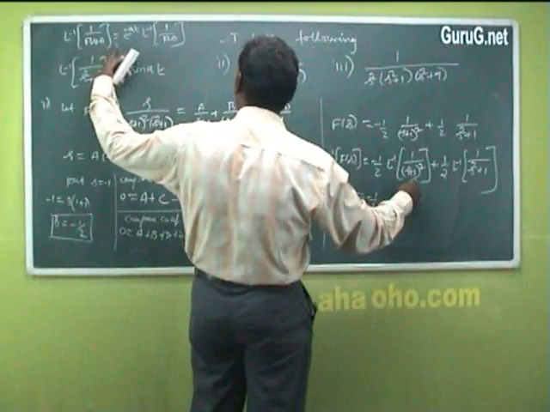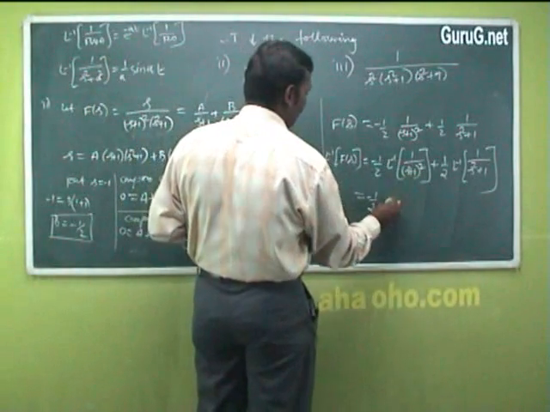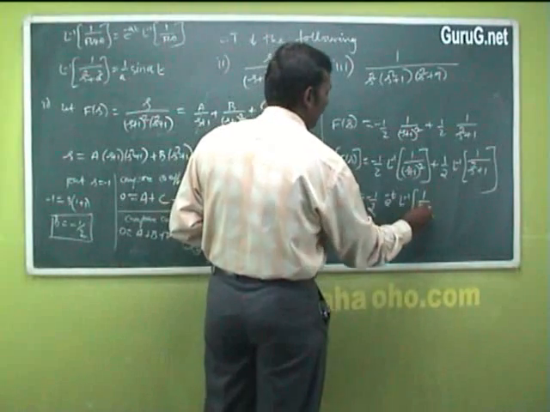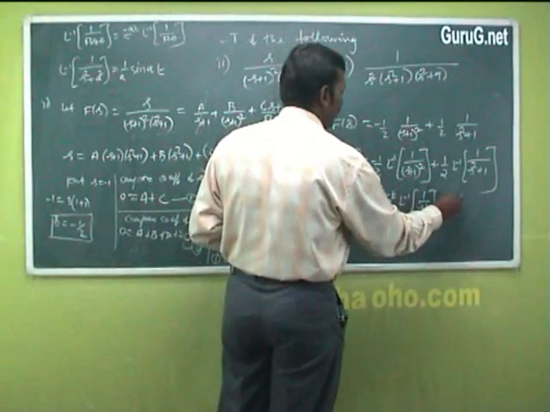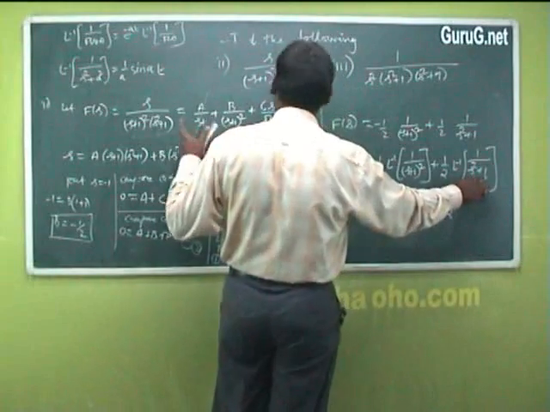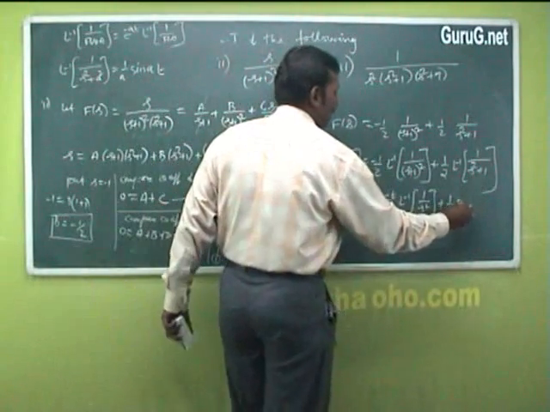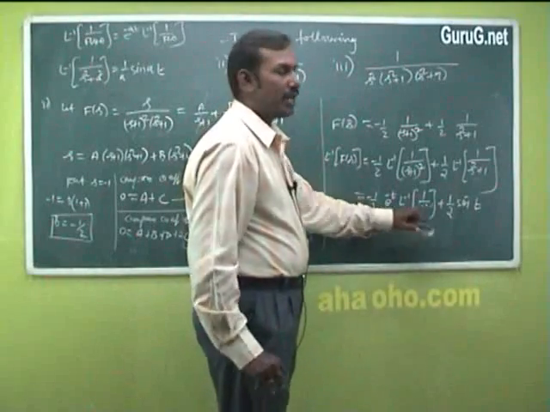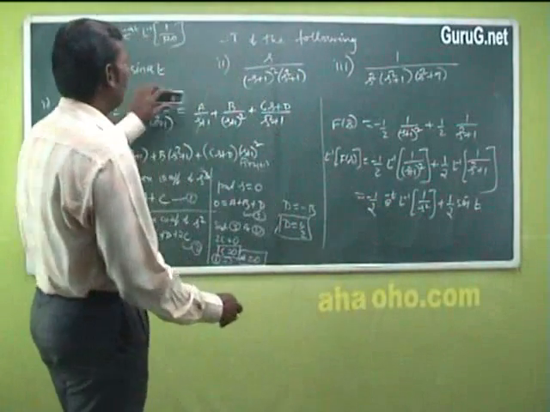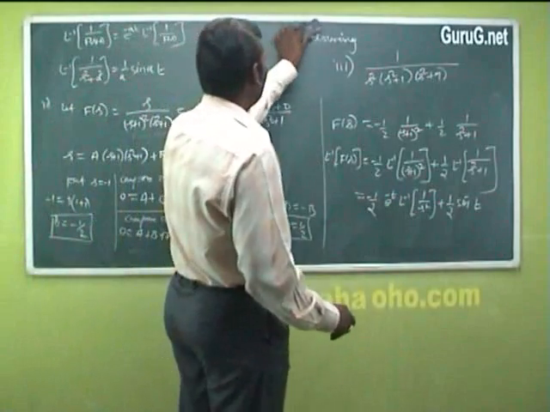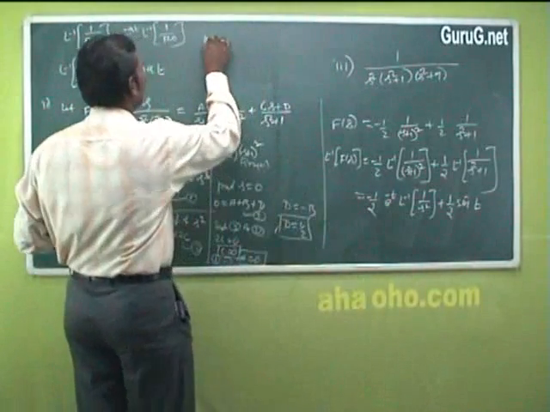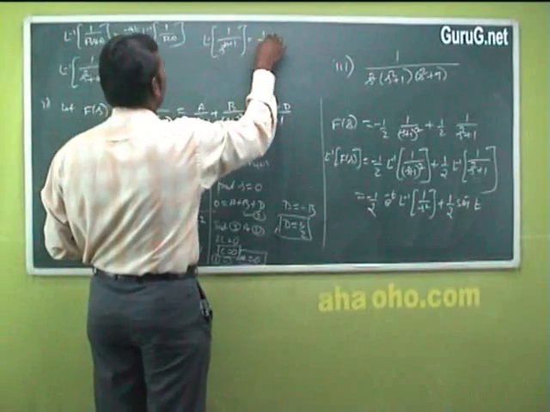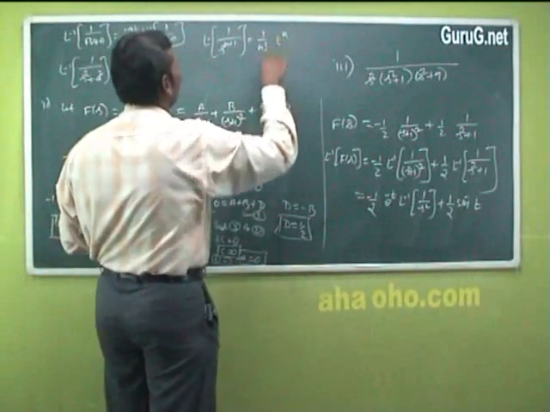function of s plus a means e power minus at. Here s plus 1 has come, so e power minus t, L inverse of 1 by s squared, so plus 1 by 2 into, for this, if we apply this formula, sin t, isn't it. L inverse of 1 by s squared, another formula we saw, what is it, L inverse of 1 by s power n plus 1 equals 1 by n factorial into t to the power n.